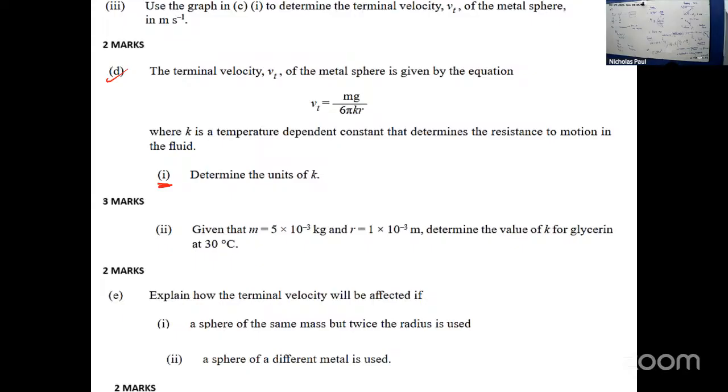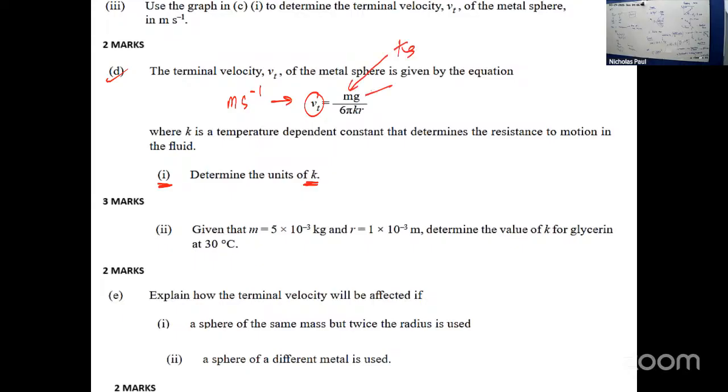Right, well done, time up. So they wanted to find the units of b. What's the SI unit for b? Yeah, the left side. m s^-1. What's the SI unit for m? kg, nice.